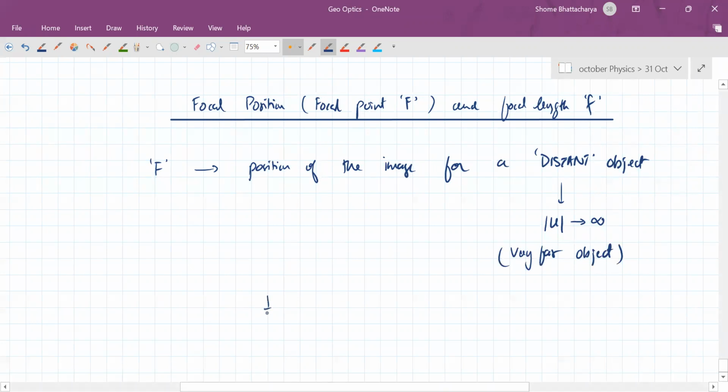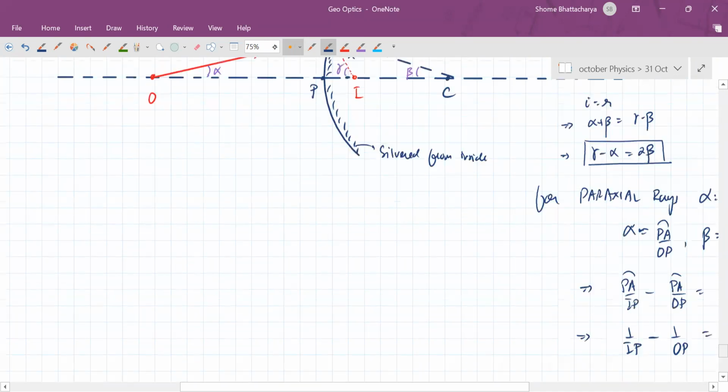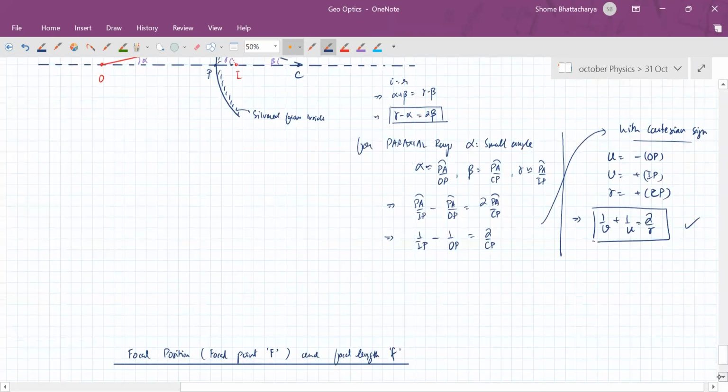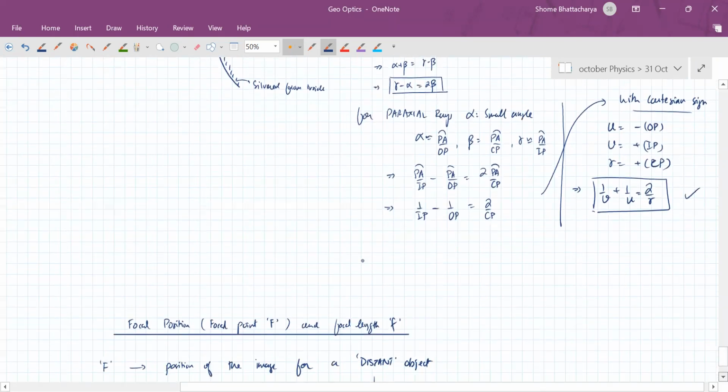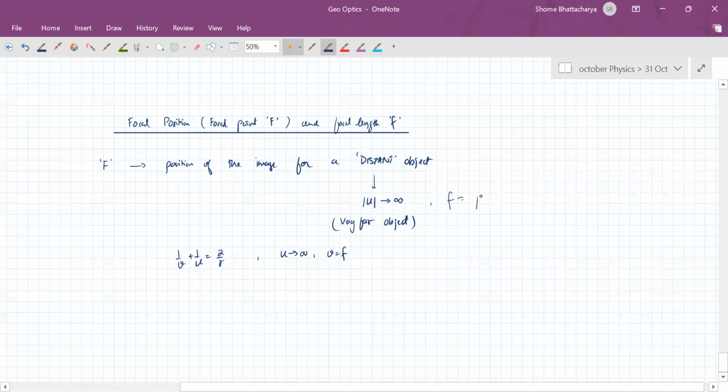So when you look at the formula, 1 by v plus 1 by u is equal to 2 by R. Here when we put u tending to infinity, the position of the image becomes the focal position. Of course, whatever we are doing is with Cartesian sign.